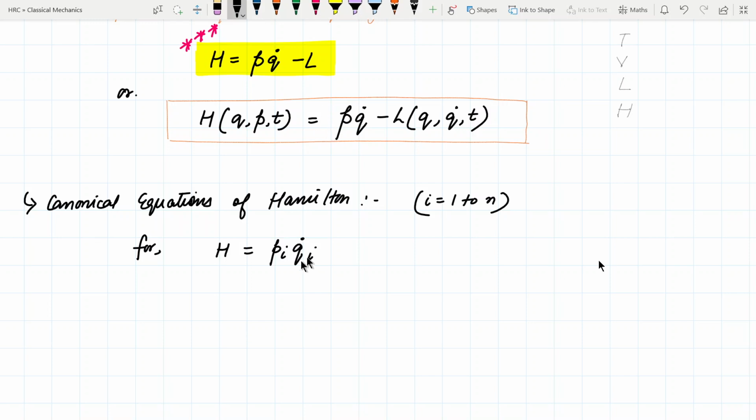इसलिए मैं इसको i के टर्म्स पे लिख देता हूँ. i simply means that अगर i is equal to 1, 2, 3, 4, तो you will end up getting as many number of equations.